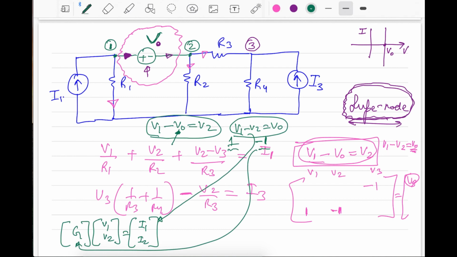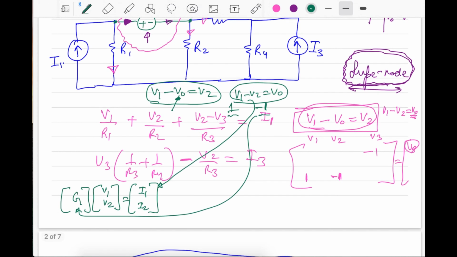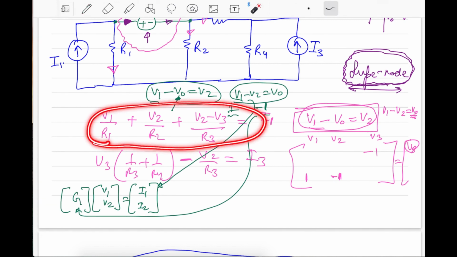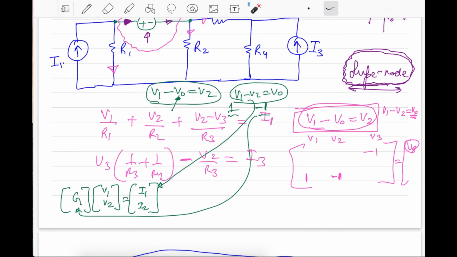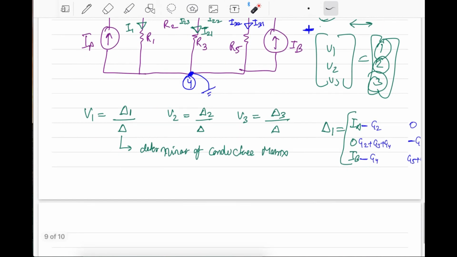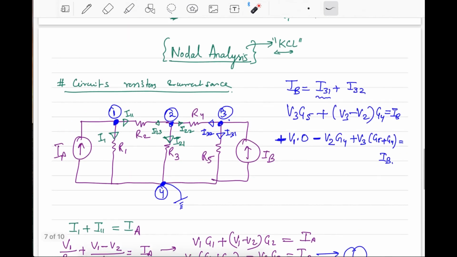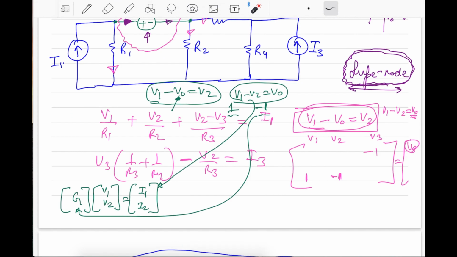Sir, can you explain this again? Why 1 and minus 1? See, you have one equation here, right? You gather the coefficients for V1 and V2. Just a minute, this student is not able to understand, so let me show him.